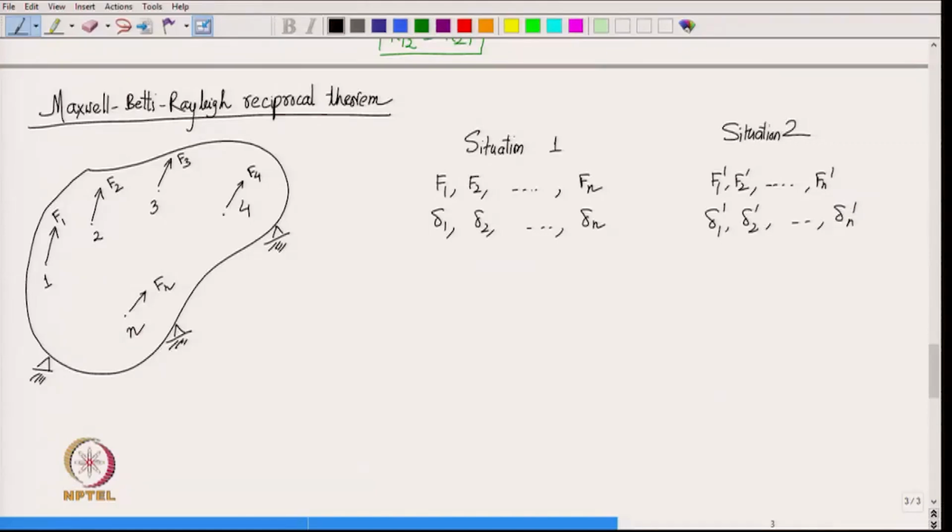So, what this theorem tells us is that the work done by forces in situation 1 through the corresponding displacements of situation 2 is same as the work done by the forces in situation 2 through the corresponding displacements of situation 1.